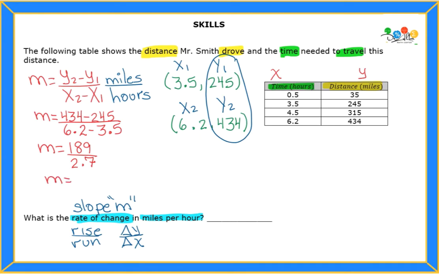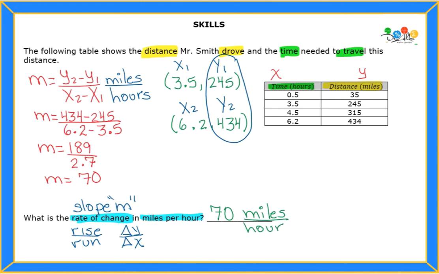The way I simplify is by dividing 189 divided by 2.7, which gives me 70. So now I can answer the question that says, what is the rate of change in miles per hour? So my answer for this will be 70 what? 70 miles per hour.